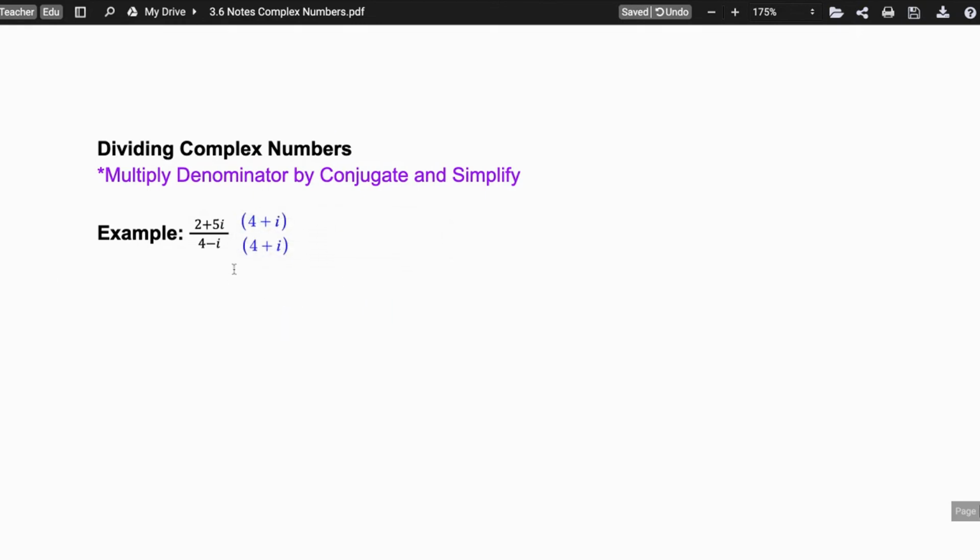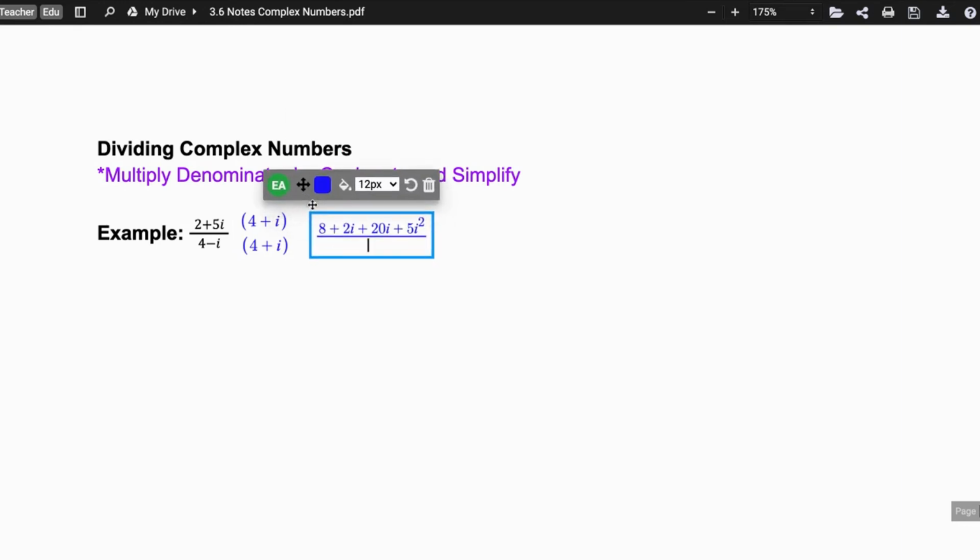All right, so now that I got it, now I'm going to do some FOILing. So I'm going to multiply everything on top and everything on the bottom. And when I do that, in the numerator, or the top of the fraction, I'm going to get 2 times 4 is 8, plus 2 times i is 2i, and 5i times 4 is 20i, so plus 20i, and then 5i times i is 5i squared.